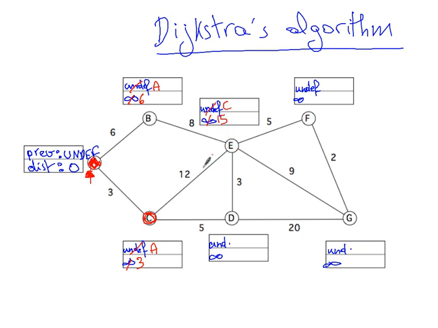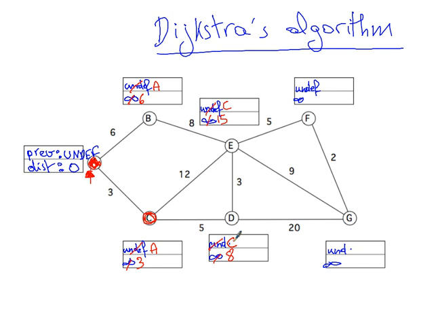So again, I come to D and I say the distance is 3 plus 5. So the distance on the node I'm processing plus the weight of the edge to this one, which is 8. So I've updated this. I need to say, where do I come from to get a distance of 8?